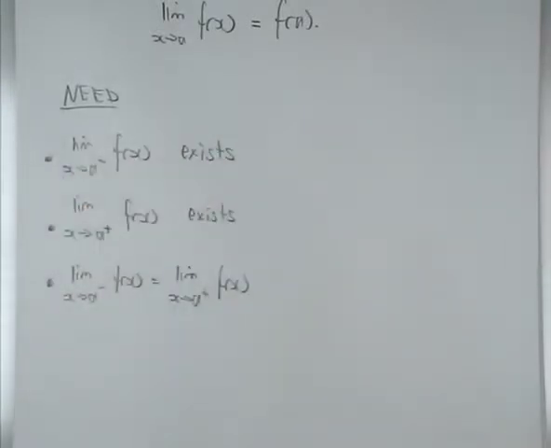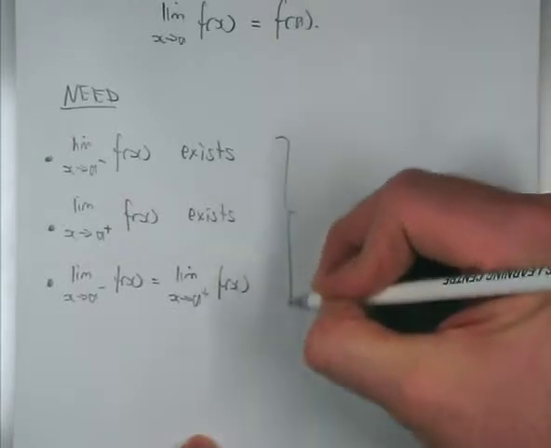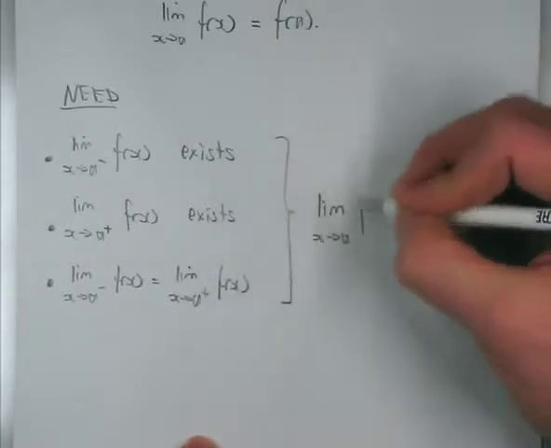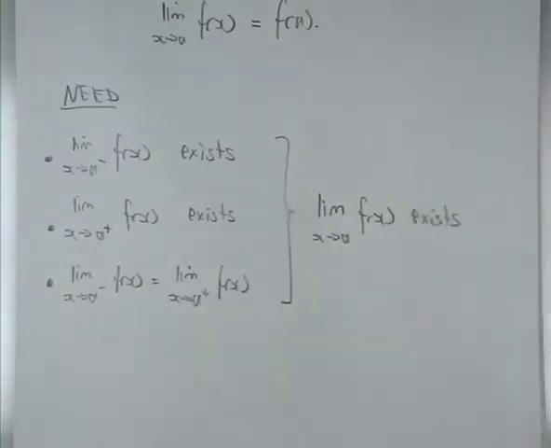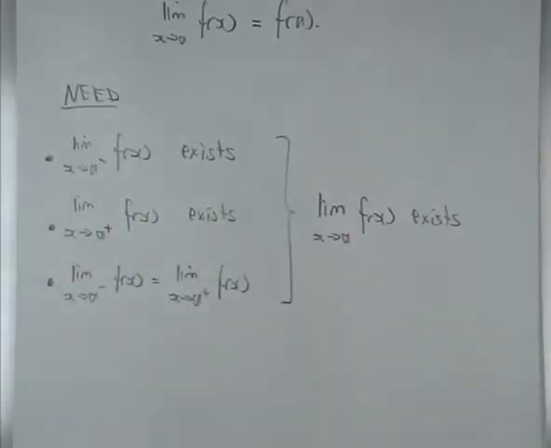Now together, those 3 things together mean that the limit as x goes to A of f of x exists. If any one of those 3 things are wrong and they don't work, then it's called an essential discontinuity.